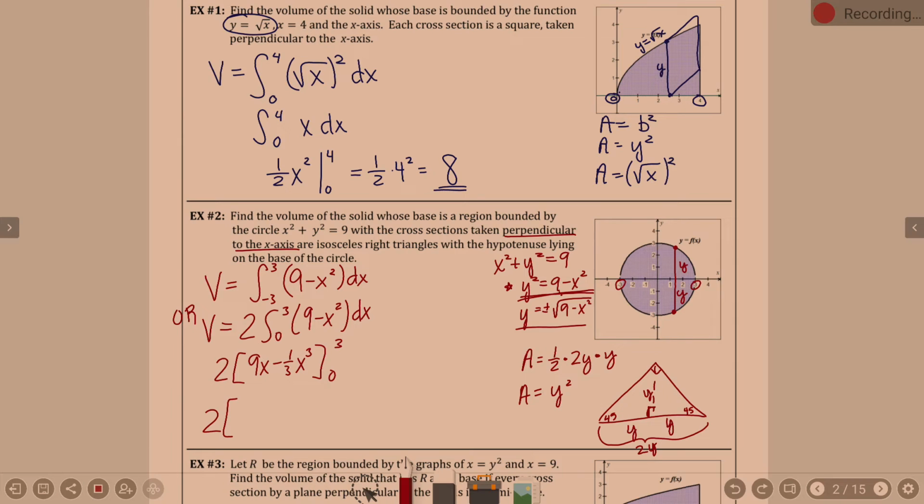No, always check. Don't just assume you get to ignore 0, but it's not going to do anything. So 27 minus a third of 27, which is 9. 2 times 18, which is 36, if I've done my math correctly. Even better. The answer key agrees with me.